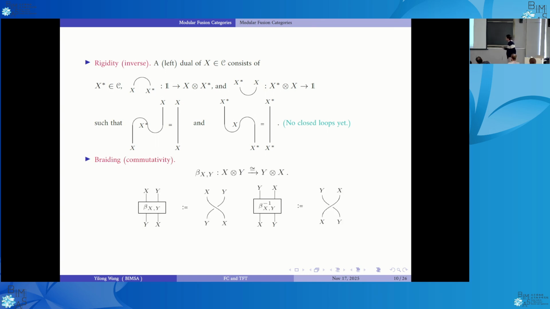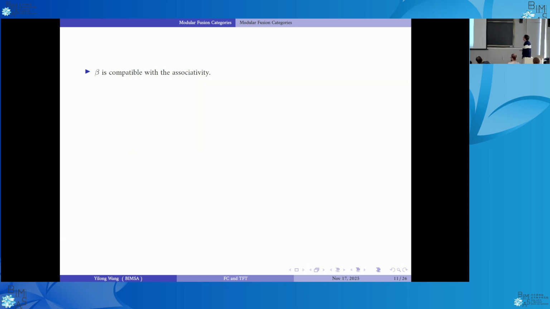And we also want the commutativity of the tensor product, which is characterized by the braiding. And we really use the braid diagram to draw the braiding, from X tensor Y to Y tensor X. The good thing is, we can have a very intuitive understanding of these morphisms. And of course, we want this braiding to be compatible with the associativity.